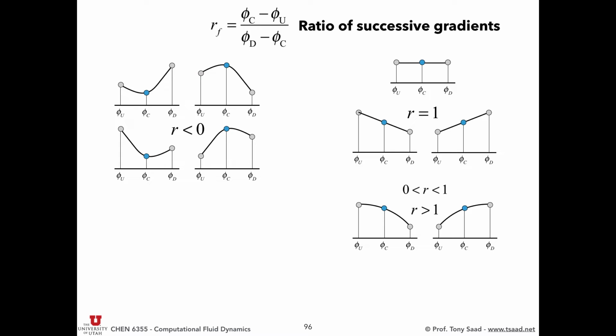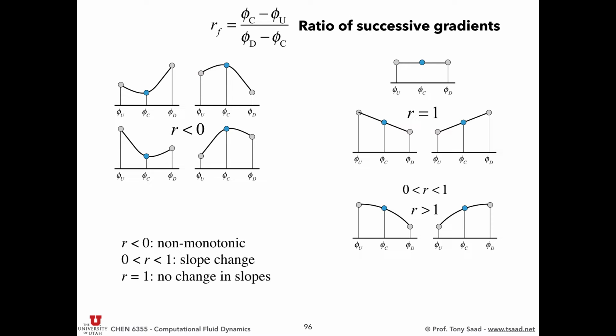When R is equal to 1, you're linear, okay? And when R is between 0 and 1 or greater than 1, you are monotonic, okay? Now keep this figure in mind; we're going to discuss it a little bit later. R negative, non-monotonic. R between 0 and 1, you're changing slopes, you're still monotonic. R equal 1, no change in slopes.